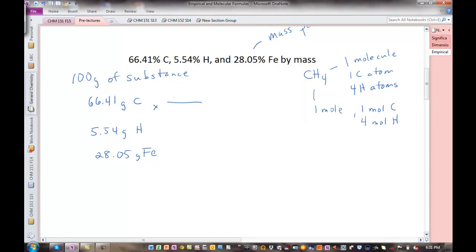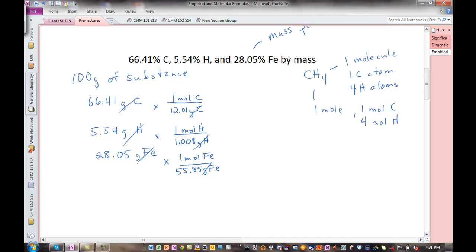So we want moles in the numerator, 1 mole of carbon, look on the periodic table, about 12.01 grams. 1 mole of hydrogen, about 1.008 grams of hydrogen, and 1 mole of iron is about 55.85 grams of iron. And you'll see that in each case grams cancel, leaving you moles of substance.